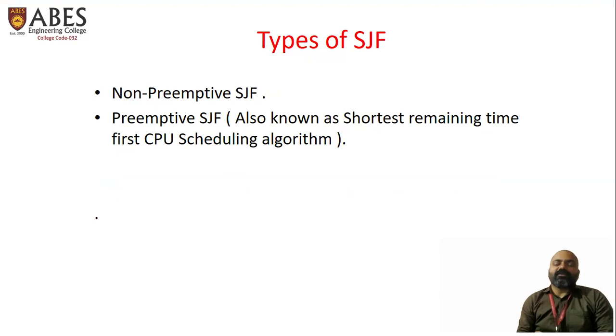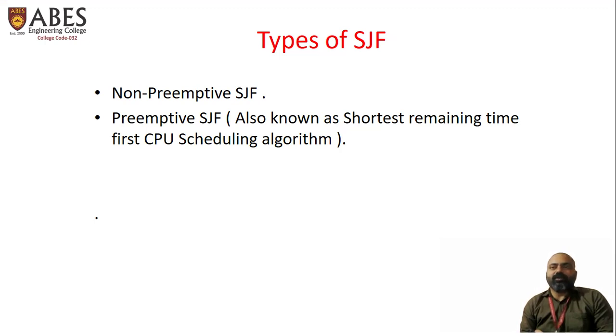There are two types of SJF. First is non-preemptive SJF, simply known as the SJF CPU scheduling algorithm or shortest job first CPU scheduling algorithm. And second is preemptive SJF, which is also known as SRTF, means shortest remaining time first CPU scheduling algorithm.